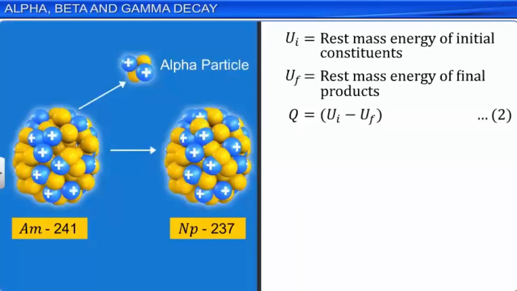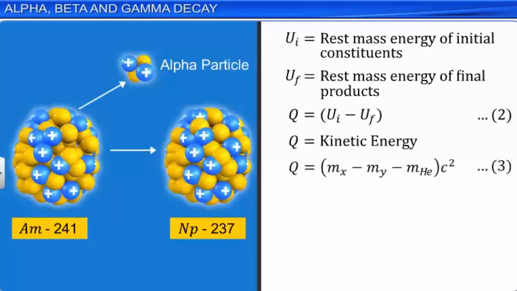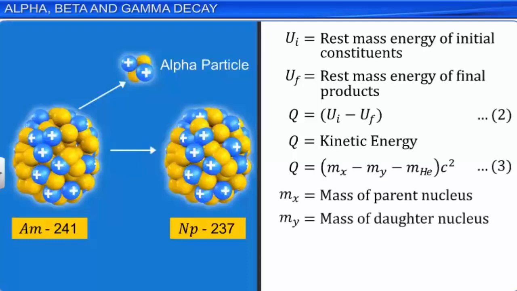Thus, the Q value of an alpha decay can be expressed as Q = (mx - my - mHe)c², where mx is the mass of the parent nucleus, my is the mass of the daughter nucleus, mHe is the mass of a helium nucleus, and c is the velocity of light. Let this be equation 3.